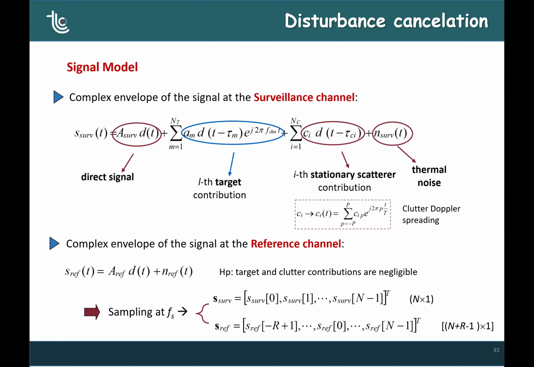The direct signal has a Doppler frequency that is 0. We suppose to have a stationary clutter, so with a Doppler equal to 0, or a clutter with Doppler spreading, but with a very narrow bandwidth. So the Doppler frequency of the target is much higher than the bandwidth of the Doppler spreading.